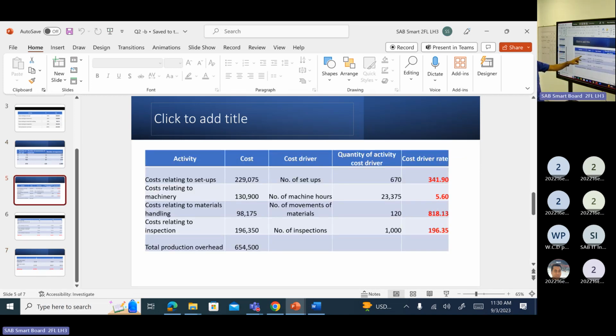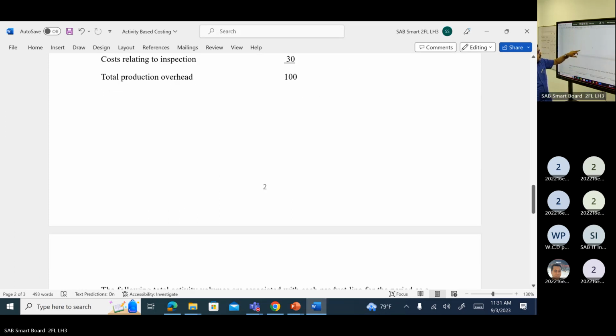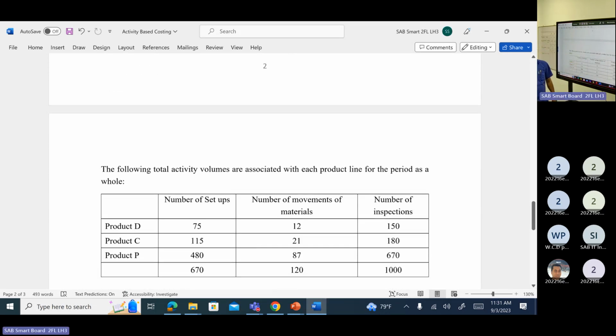Right? Setup, 341.9 per setup. Right? And the number of setups of product D, total number of setups 75.